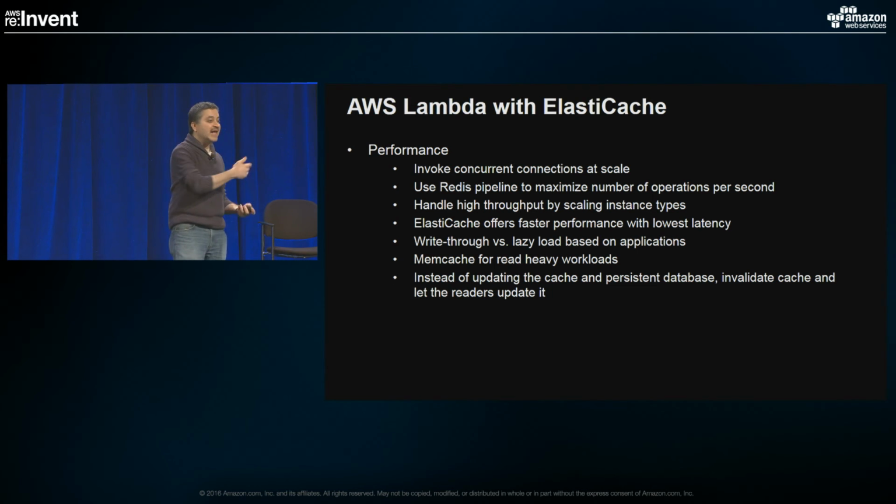So if you are doing lazy load, a request comes in, it looks up in the cache, gets a miss, goes back to the database, gets the record, and then your client application, the code that you have written, at that time should be able to add that record back to the Redis cache or ElastiCache.